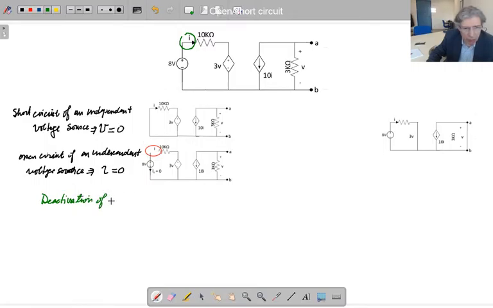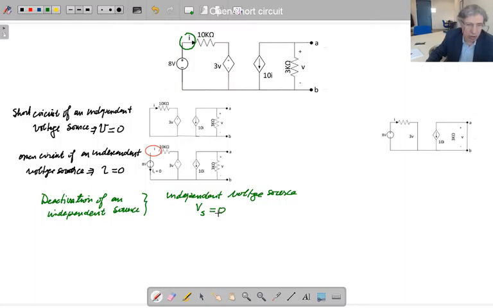So it has some meaning. If it is an independent voltage source, then Vs is going to be equal to 0. That means you're going to make it a short circuit when you're deactivating it.